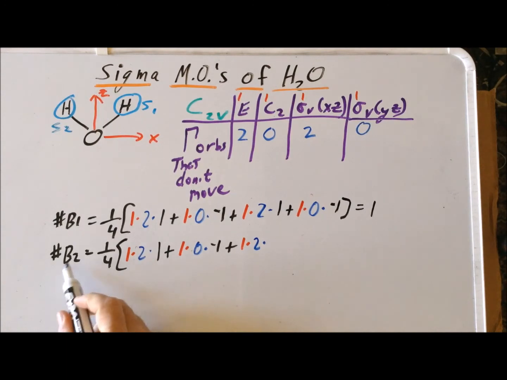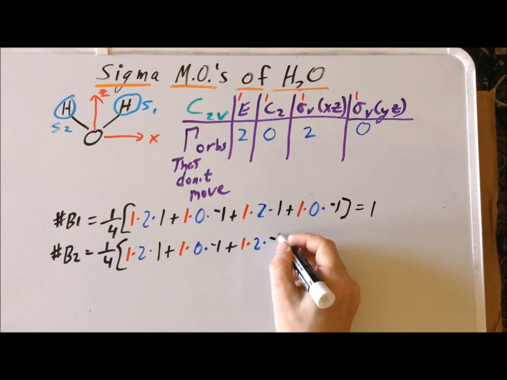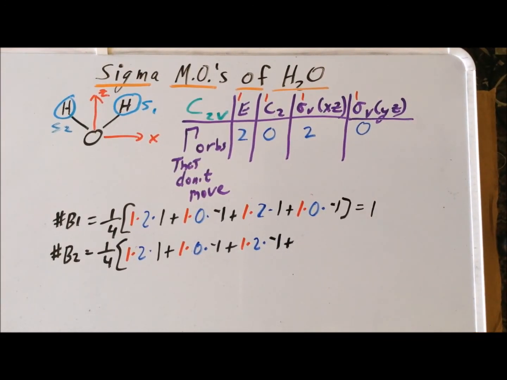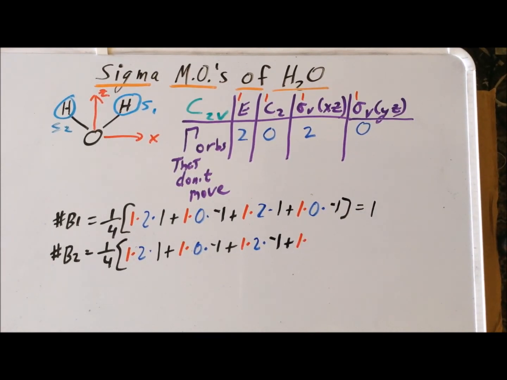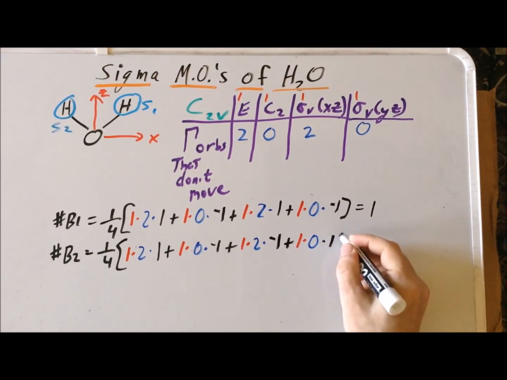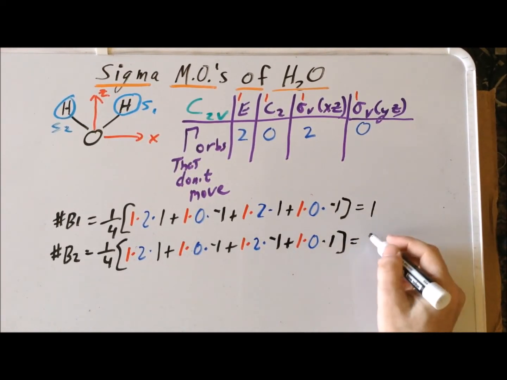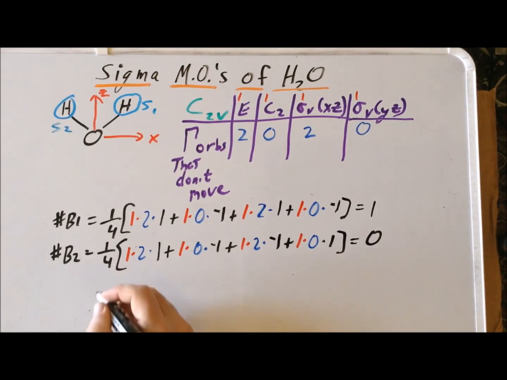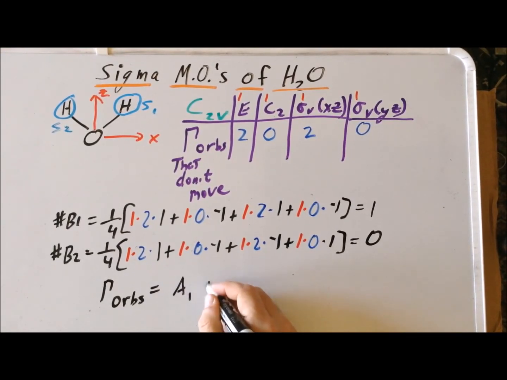The character for B2 for the third class is a -1 here. And the character for the irreducible representation is equal to a +1 for the final class. So here we have 2 minus 2, which is 0. So there are 0 B2s. So overall, our gamma for the orbitals, written as a linear combination, is equal to A1 plus B1.